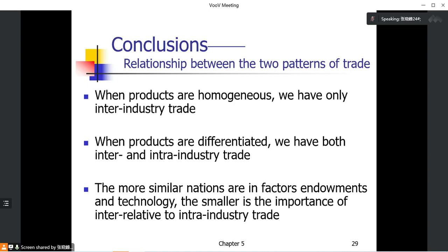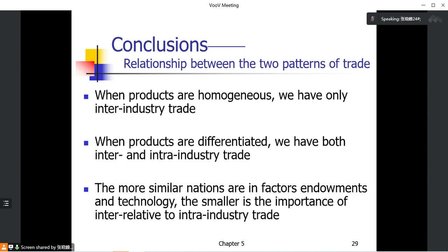Here we can come to the conclusion of what the relationship between the two patterns of trade is. The first conclusion: when products are homogeneous, we have only inter-industry trade.